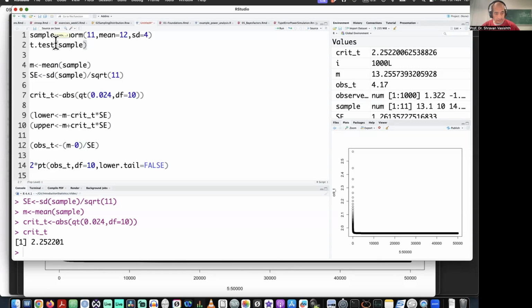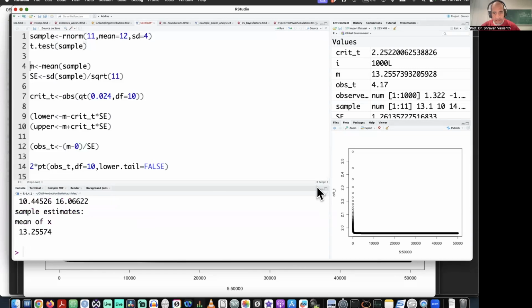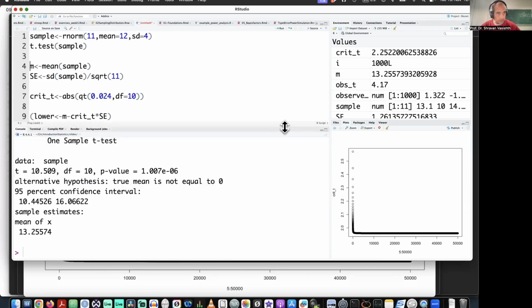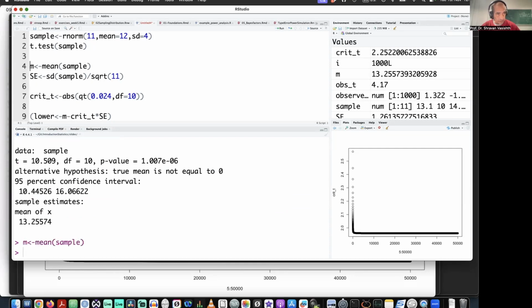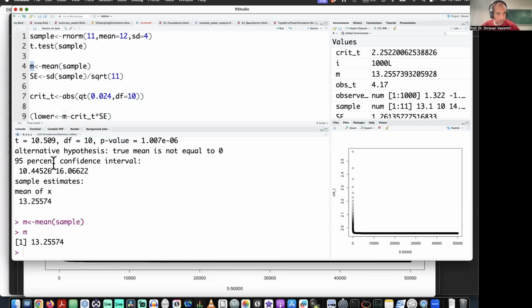So let's compare, okay? Unless I made a mistake, I should get exactly the same numbers. So sample mean 13.255 according to the t-test. What is my sample mean? 13.255. Then next thing, the 95% confidence interval. Let's compute that.